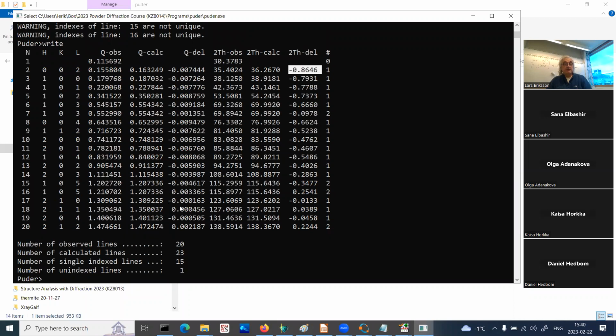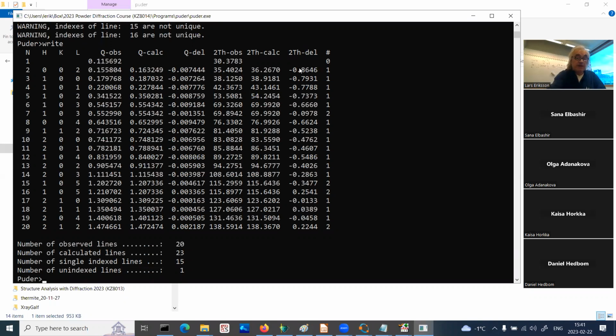At high angles, the closer to 180 degrees in 2 theta, the smaller the zero point height error means. But at low angles, it means a lot. So this is far away from what one should accept. And unless you know that this error has occurred, then it's impossible to interpret the pattern, or at least to index it.